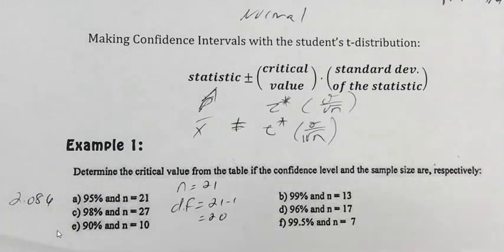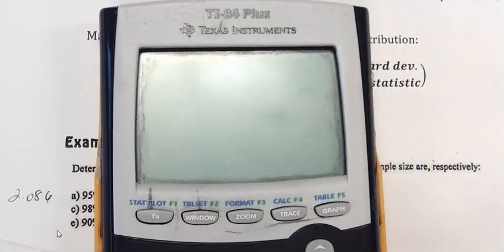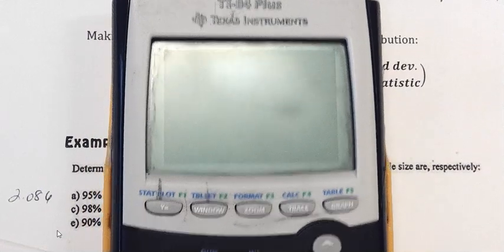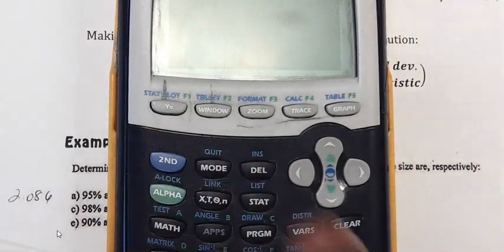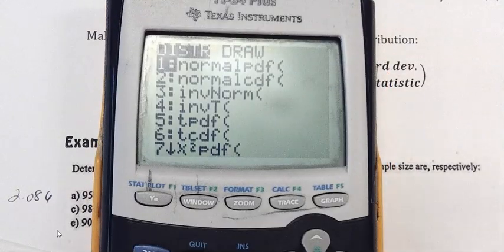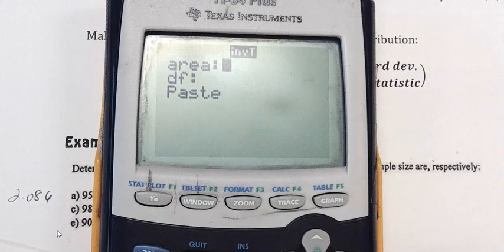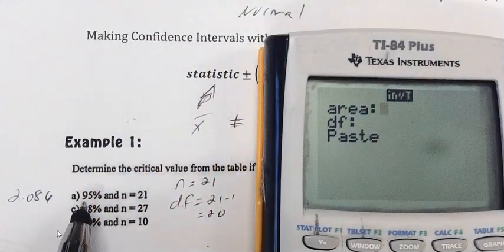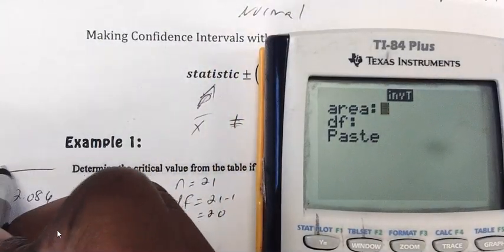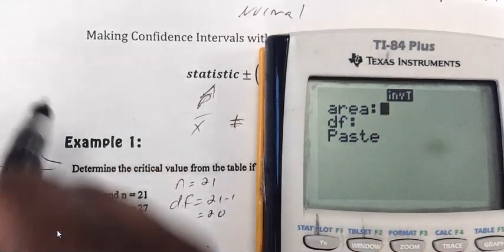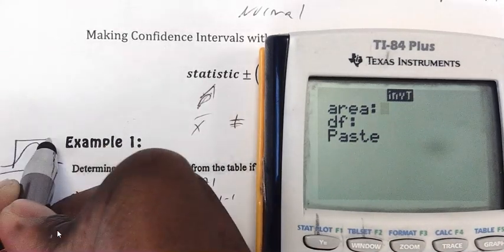You can use the table, or you can use the calculator. Turn the calculator on, hit second, vars, and look for inverse t. If I said a 95% confidence level, think about what that means. They ask for area, so here's my 95% confidence level.